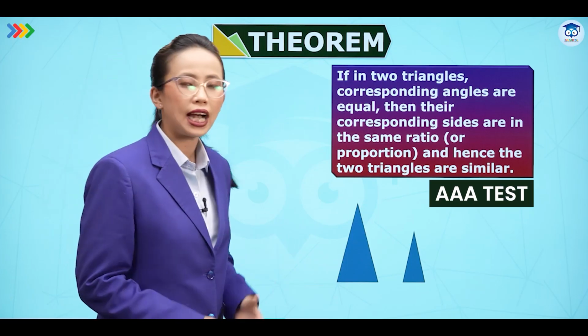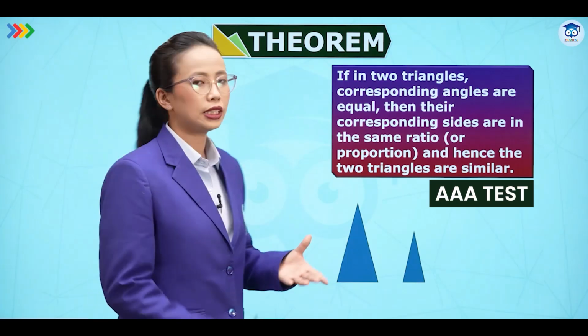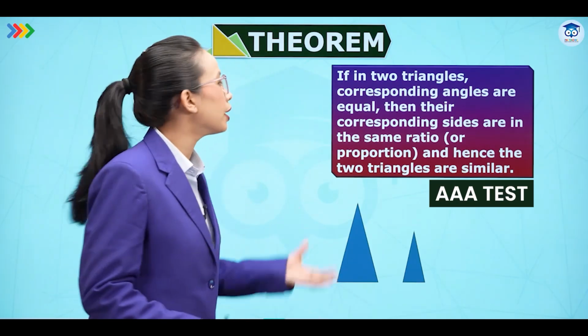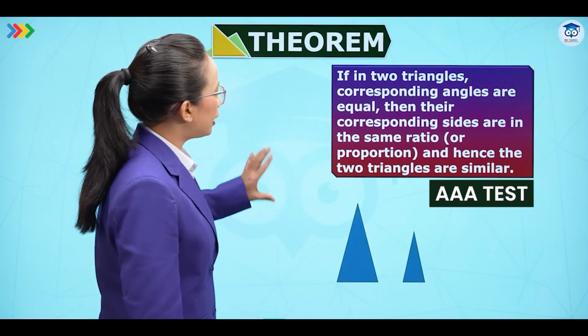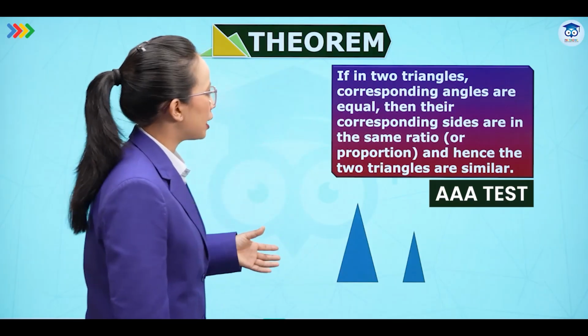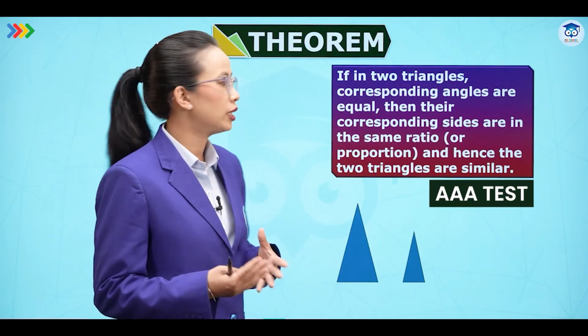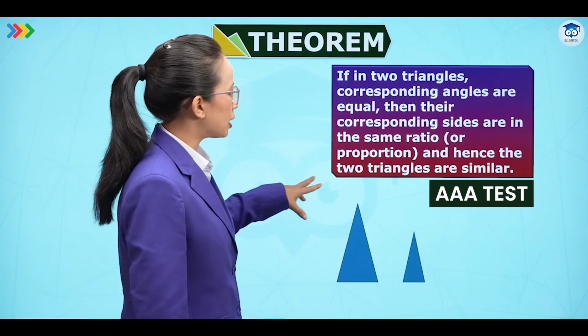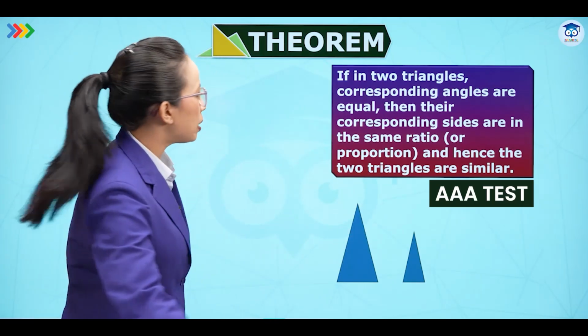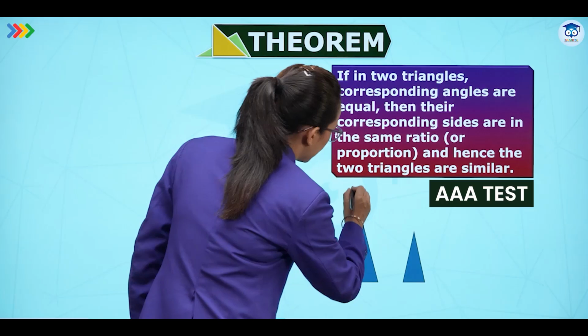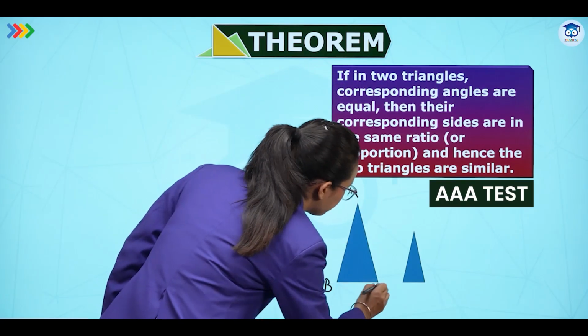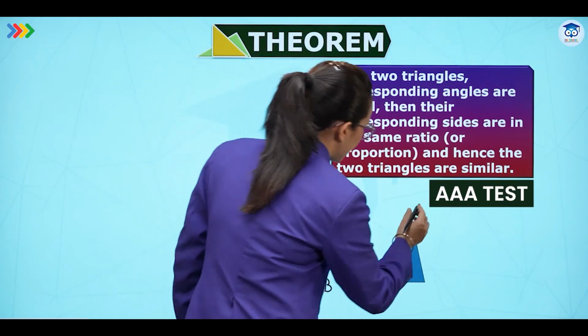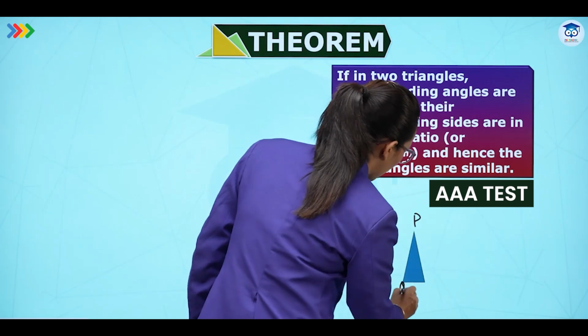Now next we have: if in two triangles the corresponding angles are equal and their corresponding sides are in the same ratio, then we can say that the two triangles are similar. It means, suppose this is triangle ABC, and here we have PQR.